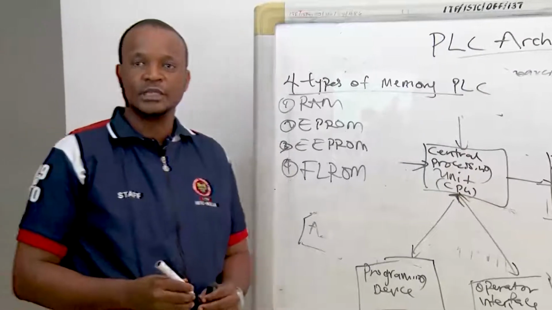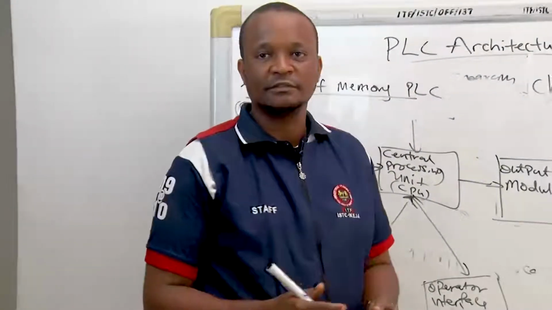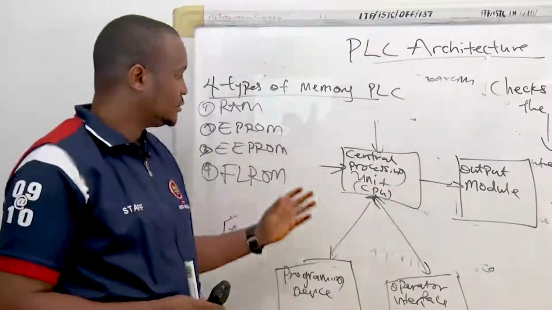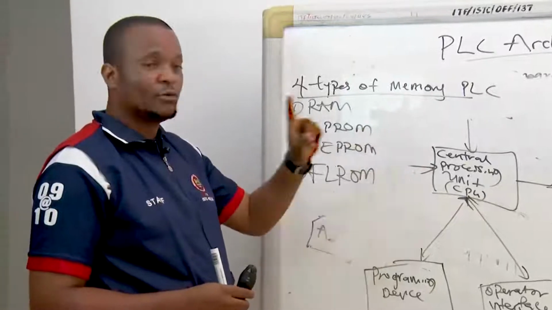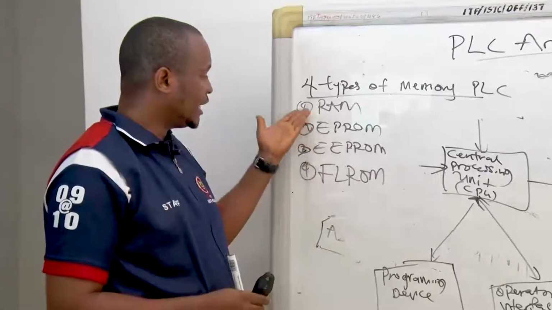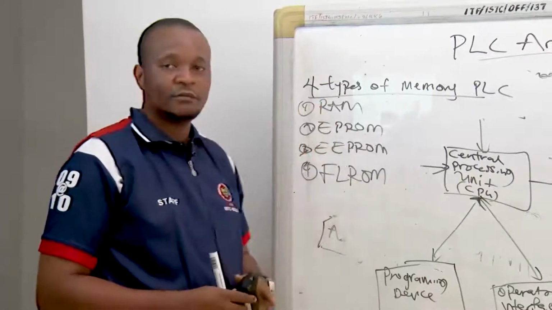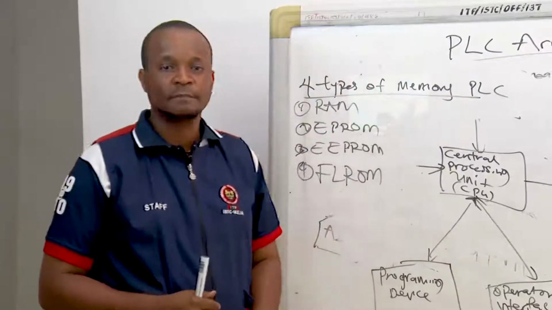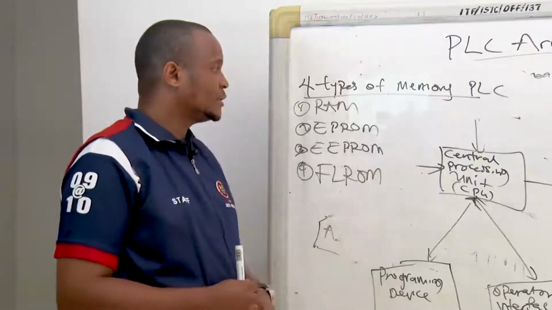These are modules that are available, and each of them has advantages and disadvantages in usage. You may not find all these memories in one PLC. You could find a RAM and an EEPROM, or a RAM and any other of these read-only memories in the PLC.